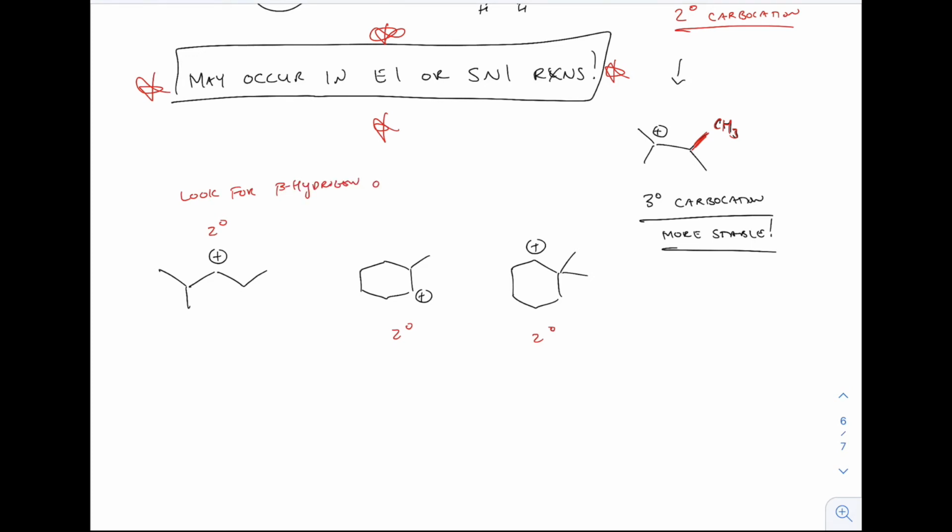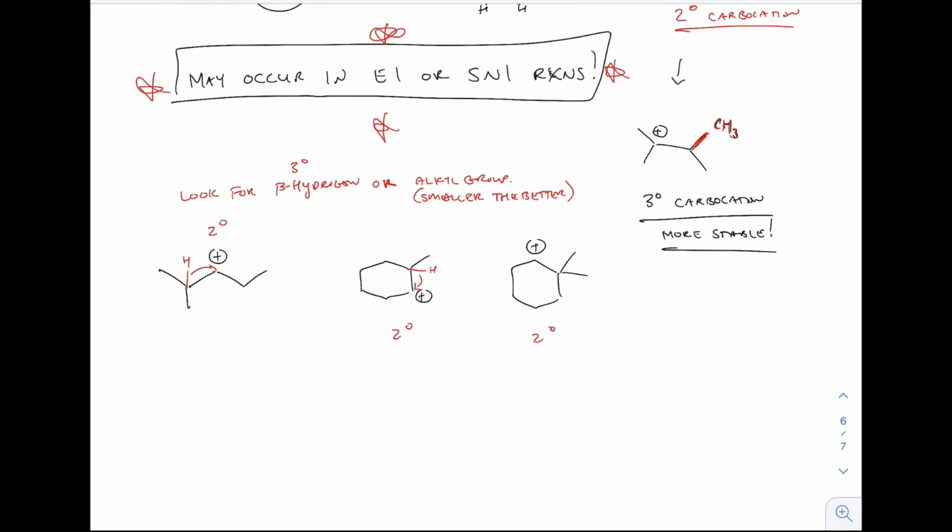Am I right? So look for a beta hydrogen first on the tertiary position, or you can look for an alkyl group, and it's usually going to be on a quaternary carbon, right? And the smaller that group, the better. Okay, so looking at the molecule on the left, we have that beta hydrogen on a tertiary. It's a tertiary hydrogen. We can shift that right over with its electrons.